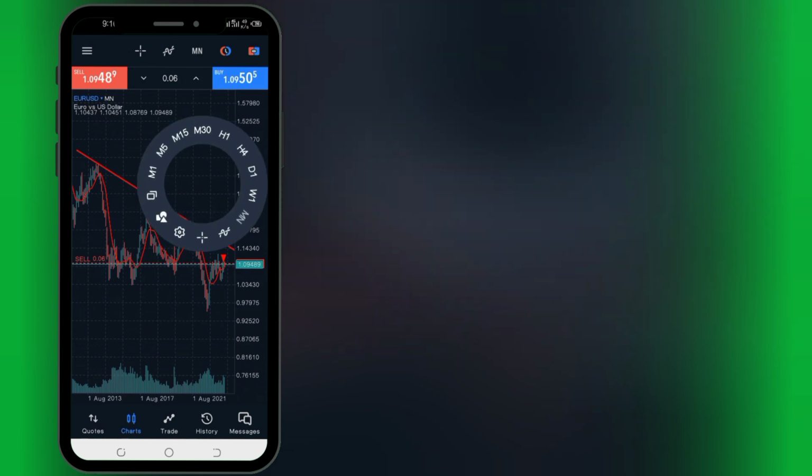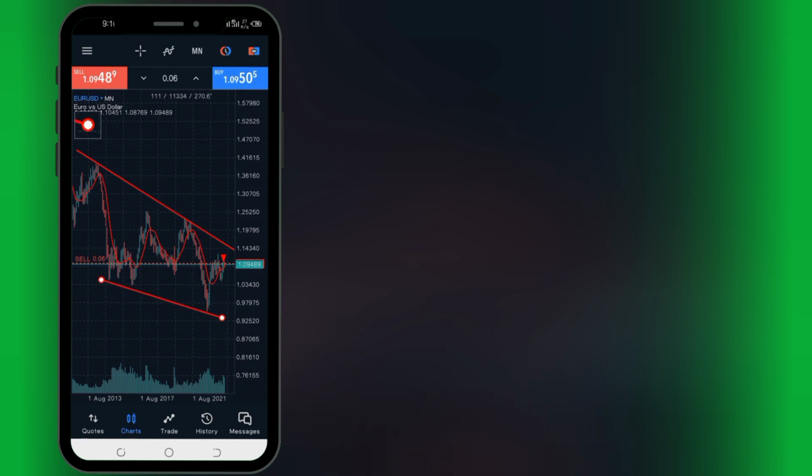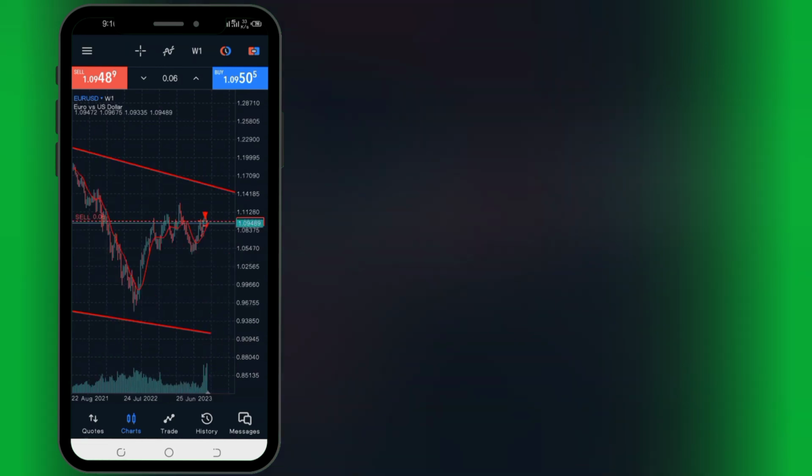I don't usually do this, I just want to do this for demonstration purposes. So I just plot my trend lines. Most of the time I don't clutter my charts with many lines like this, because I don't want my chart to look scattered.